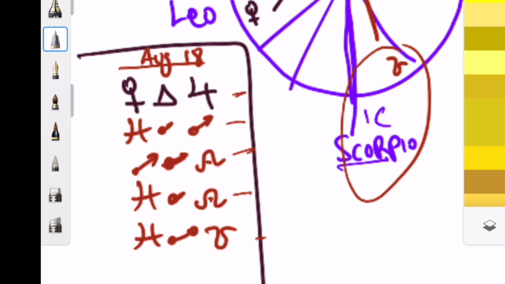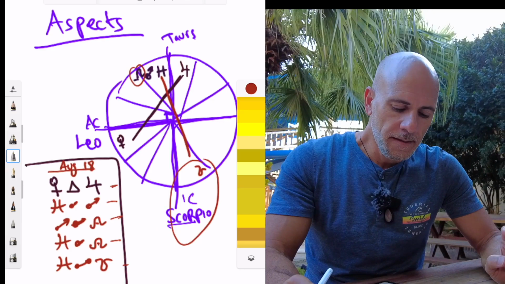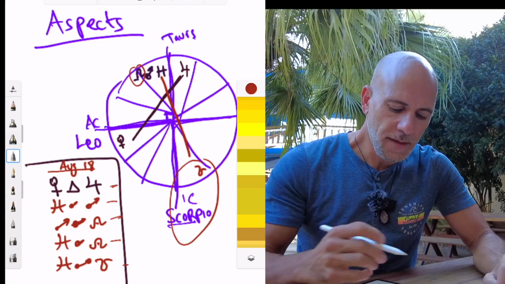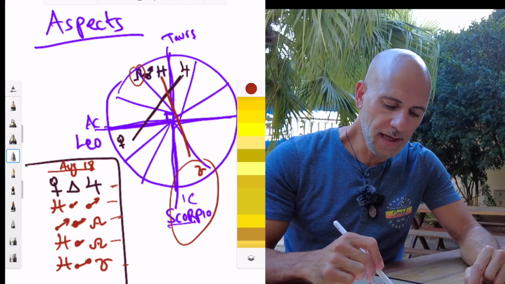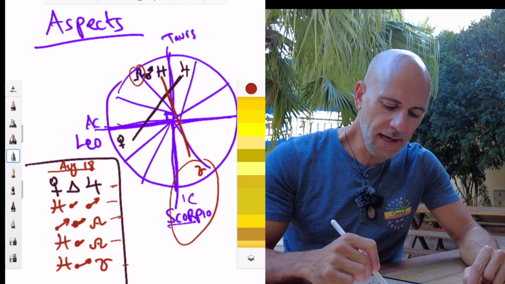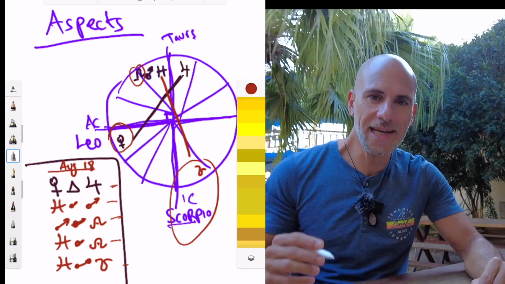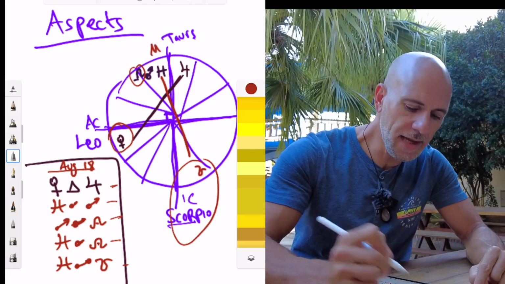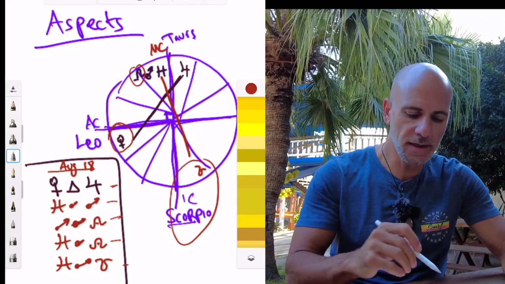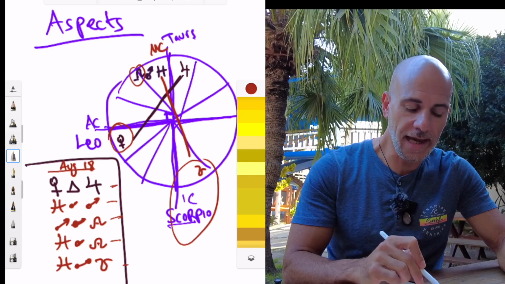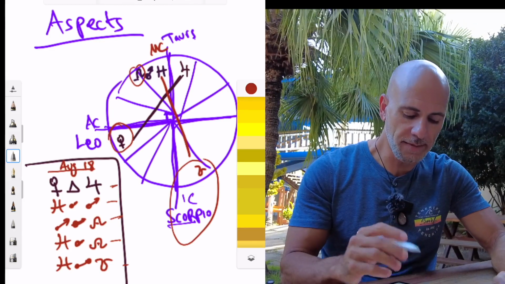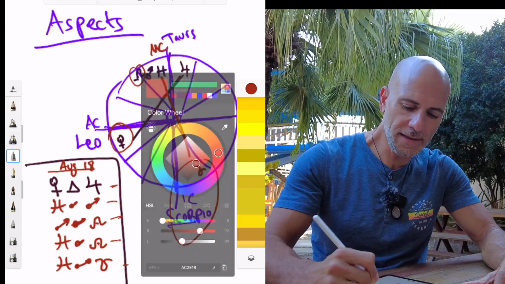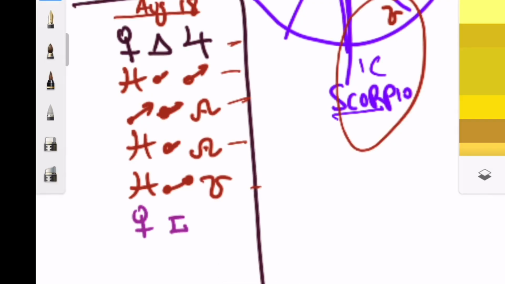Let's assume that Venus is already very near to the AC, meaning that it is squaring the MC. You see this? If Venus is in Leo at the AC, and the AC is always 90 degrees from the MC, we also can write Venus squaring MC.